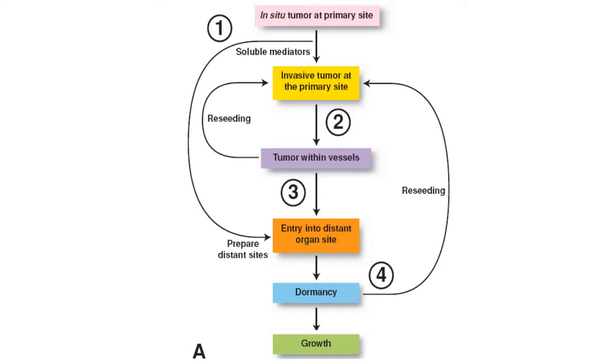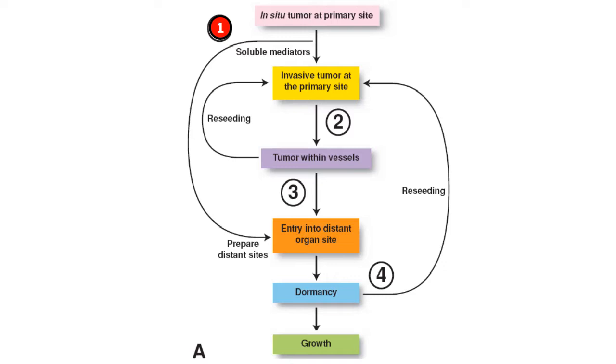This tumor first sends many soluble mediators, and through these soluble mediators it forms a distant site that soils the fertile land for the seeding of the tumor. Then the tumor achieves invasiveness and transits from epithelial to mesenchymal morphology, which is termed epithelial to mesenchymal transition, and travels through the basement membrane. This basement membrane is degraded.